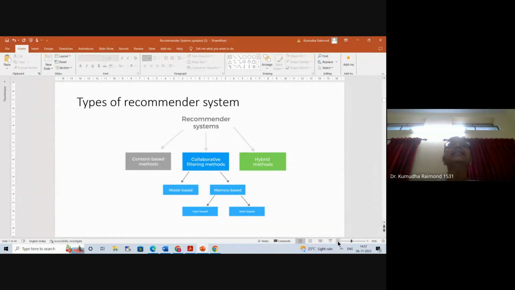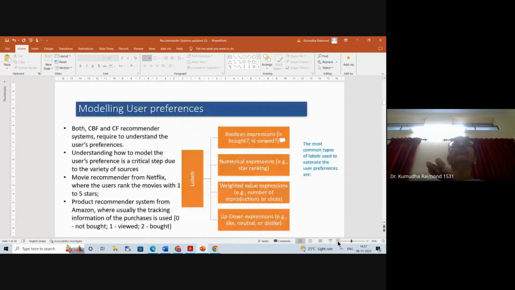In both cases, it either takes only the user preferences, or it also compares them with other users who are using similar products, or looking for a place, or looking for movies, etc. So in either case, we need something called user preferences.